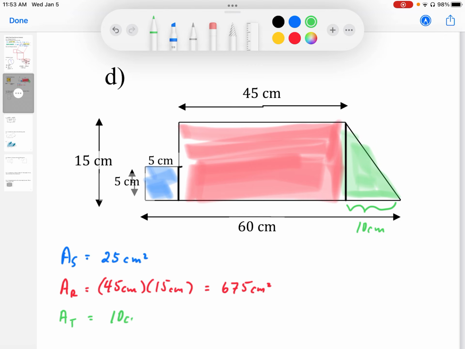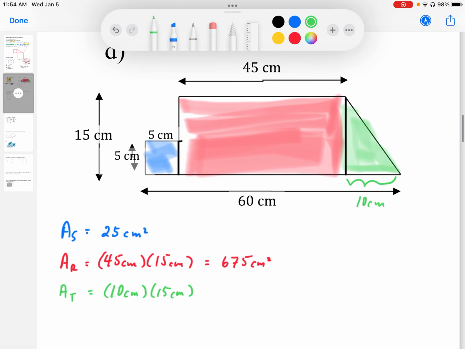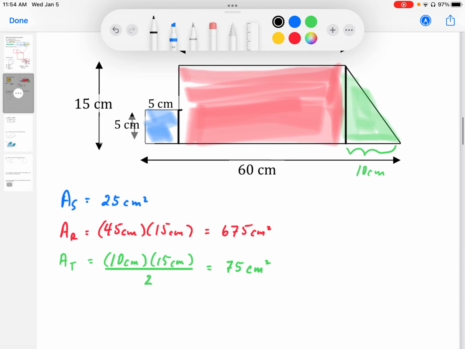So I'm going to get 10 centimeters times 15 centimeters. Because it's a triangle, I need to divide it by 2. Okay, and that is going to give me 75 centimeters squared.